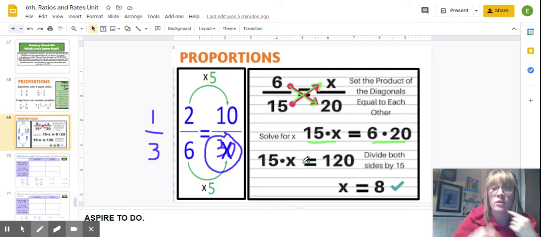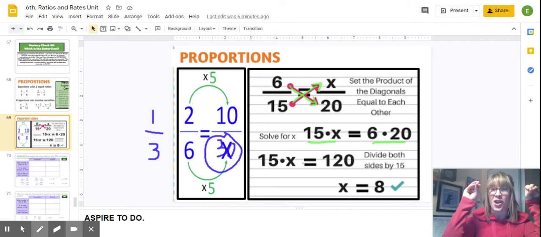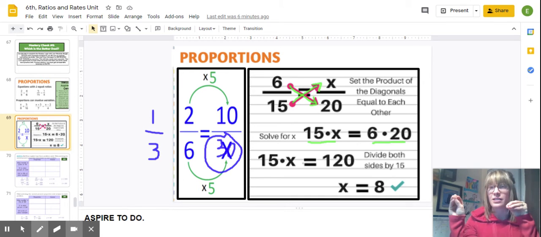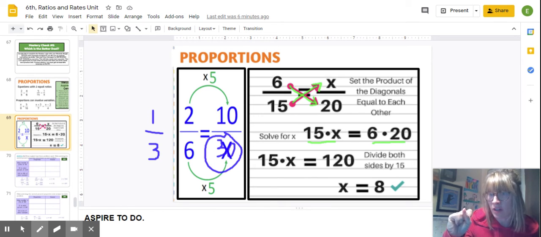So you say, okay, in order to solve, just like in hands on equations, what I know is that whatever I do to one side is legal to do so long as I do that same thing to the other side. We'll also be thinking about inverse operations here. If we think about 15 and X, they're getting annoyed with each other.